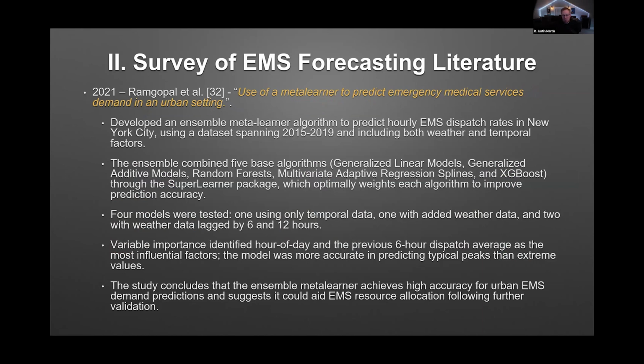So they explored more machine learning models, generalized linear models, XGBoost, using a particular package. And they basically were able to produce forecasts at that hourly level, but they did not do it spatially, which was, again, kind of the trend of these studies.